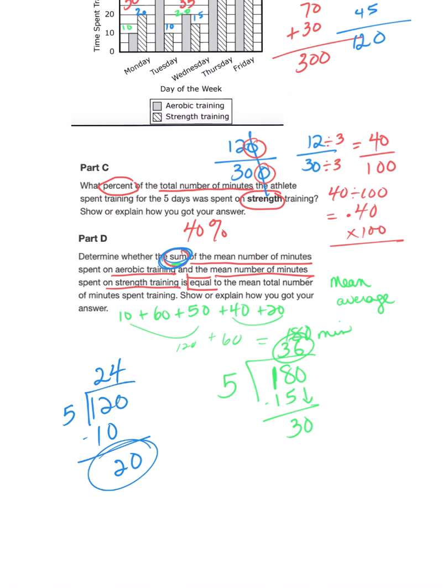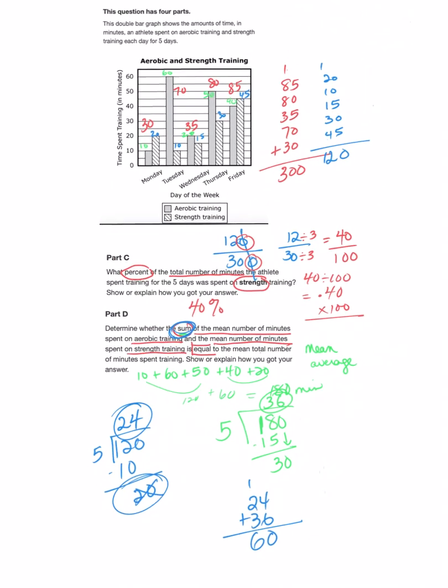So the mean for strength training is 24. Okay, so now I need to go back to this sum. 24 plus 36 gives me the sum of the means of the 2 types of training. So when I add this, I get 60. And the question is, is that equal to the mean total number of minutes?